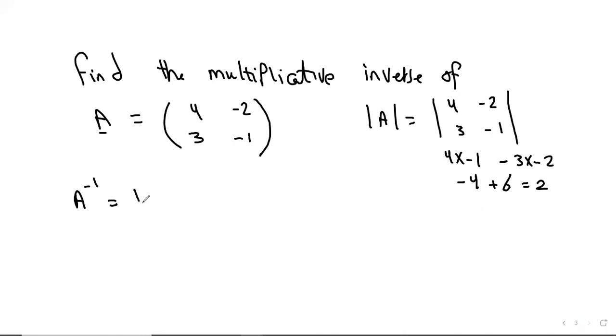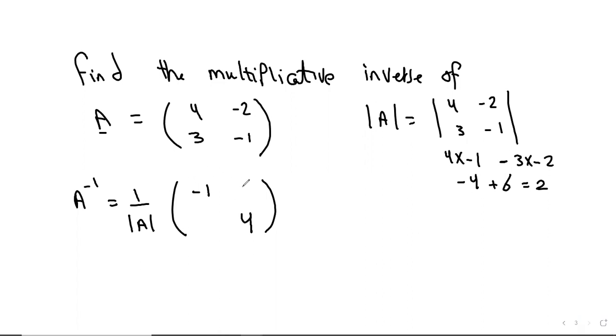Then the multiplicative inverse is 1 over 2, 1 over the determinant of A, multiplied by the matrix where we exchange the main diagonal. So here write 4 and -1, it's -1 and 4. I exchange them.